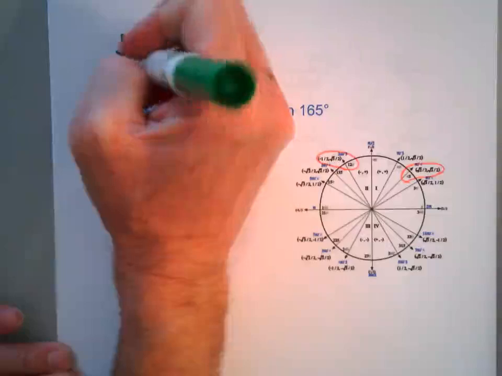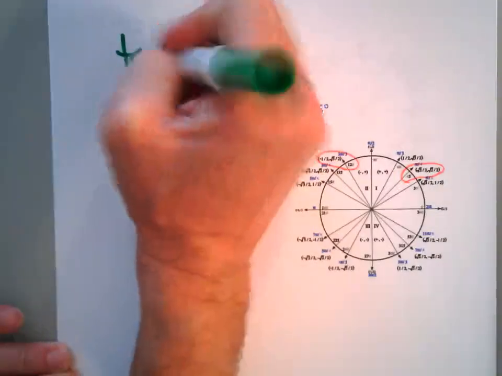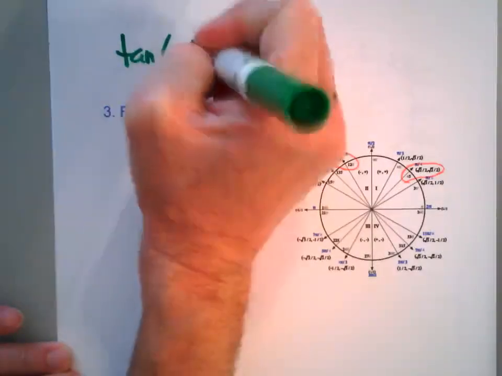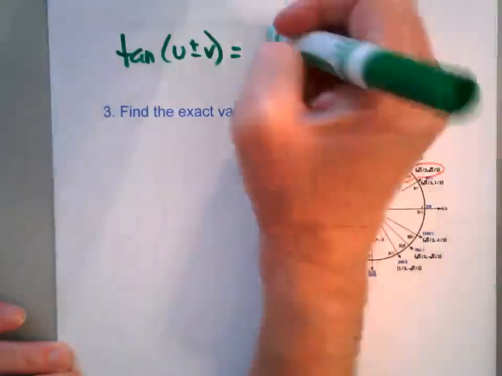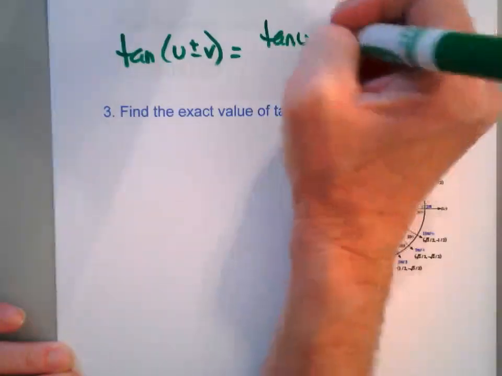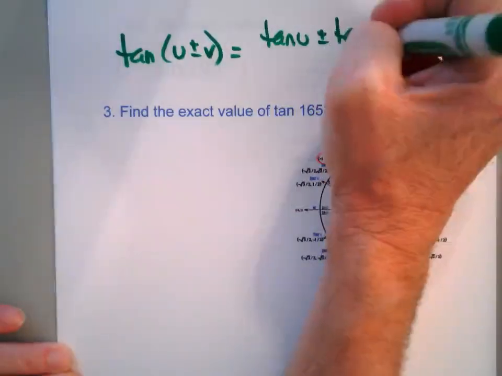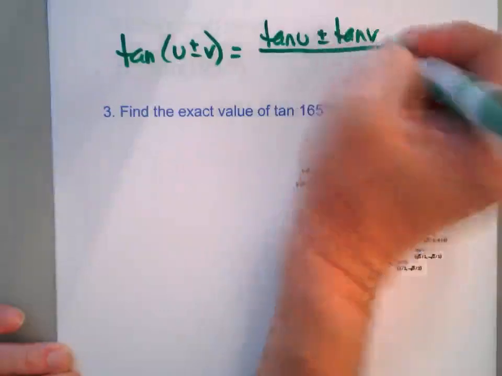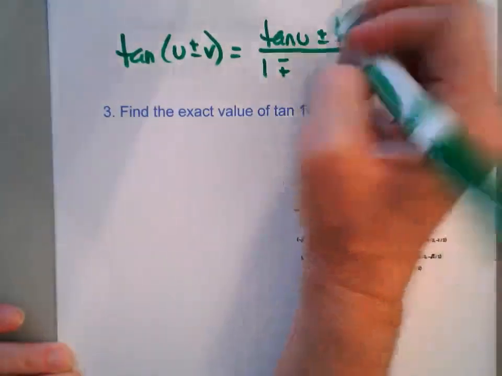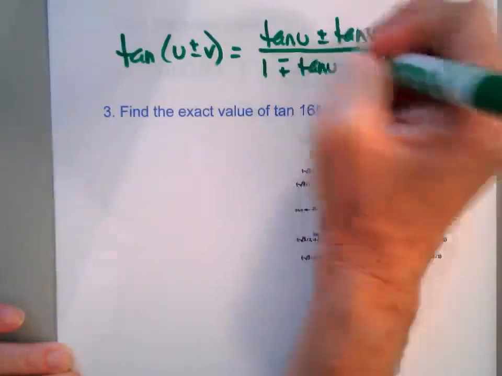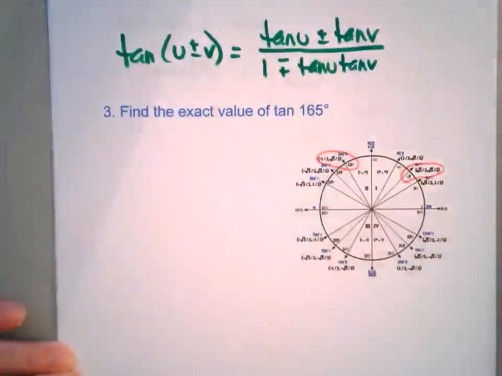And that identity that you guys should have already written down, tangent of u plus minus v equals tangent u plus minus tangent v, all divided by 1 minus plus tangent u tangent v.